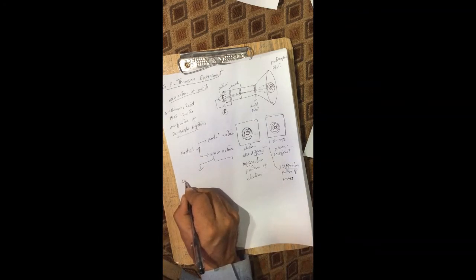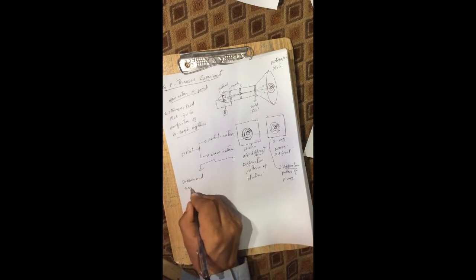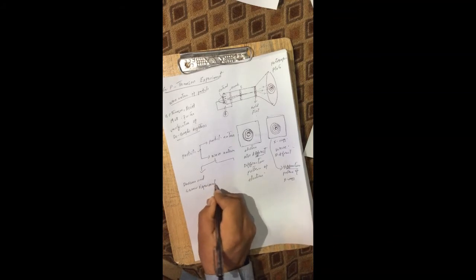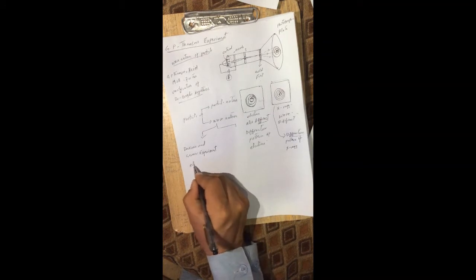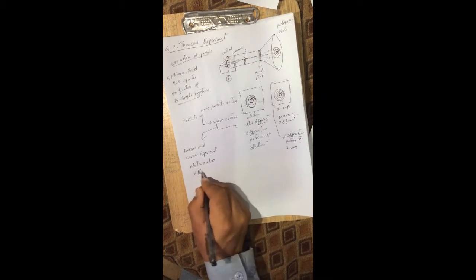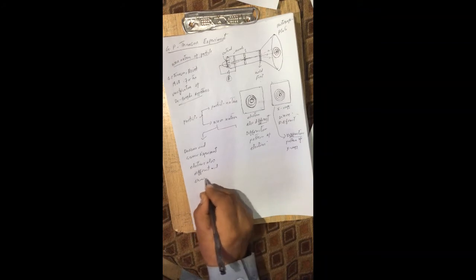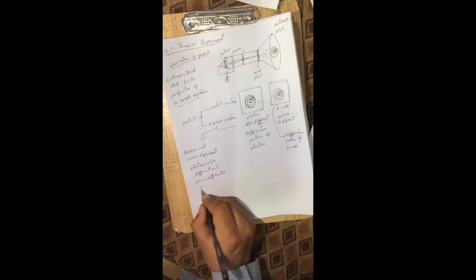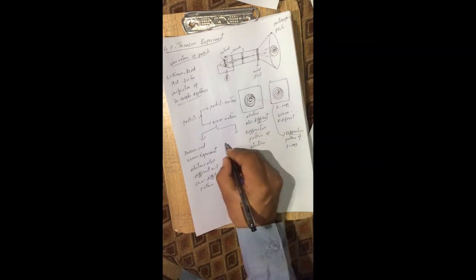One is the Davisson and Germer experiment, in which they proved that electrons also diffract and show a diffraction pattern. And the other experiment was performed by J.P. Thomson.